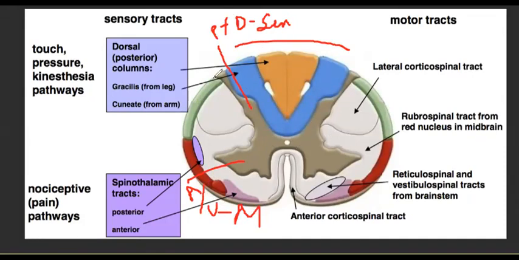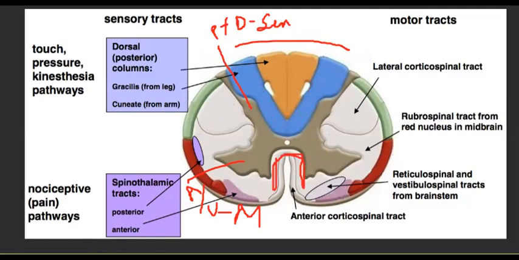Now the area of white matter: this butterfly shaped structure is all the gray matter, but all these structures, even these colored structures they have shown you, are made up of white matter. This region here is called your anterior commissure, and this region here is called your posterior commissure.